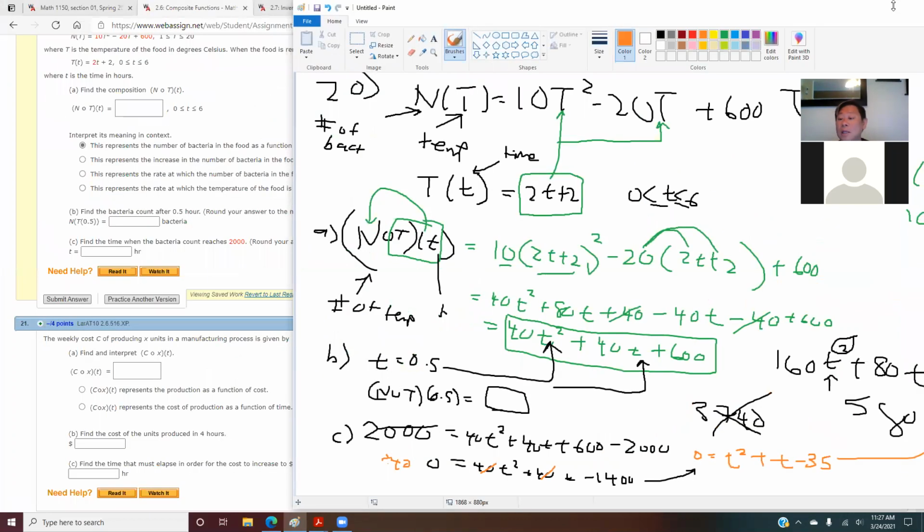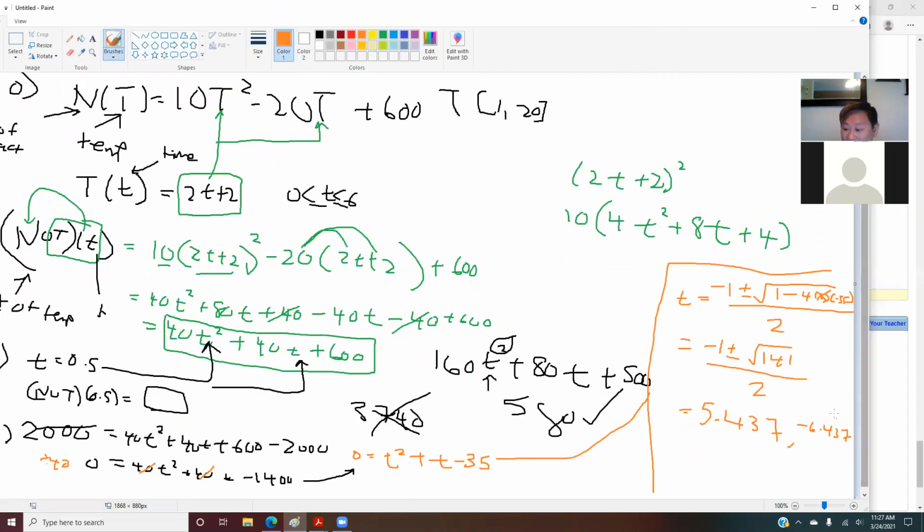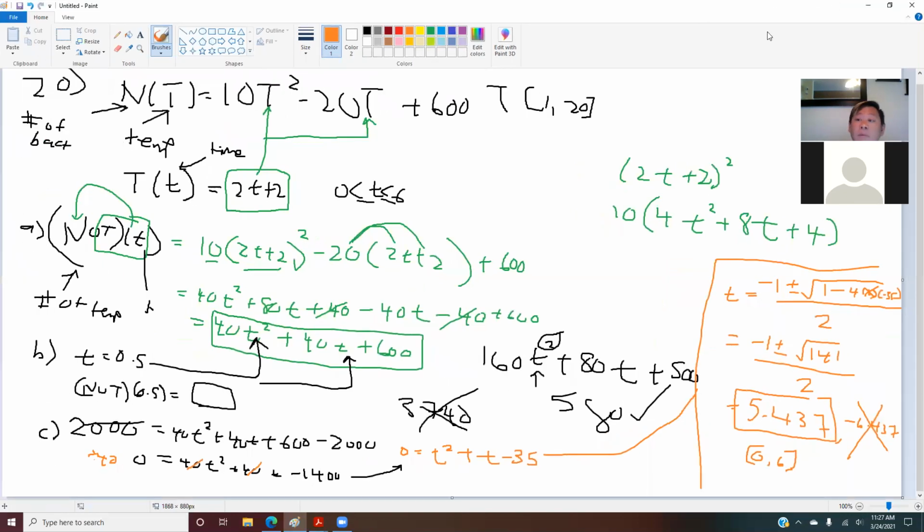Unfortunately, this time is only measured between 0 and 6. So the only answer you can give me is this one, because this is the number that is between 0 and 6. The negative one, you cannot take because it's not in the range, in the domain here. So your answer in this case is 5.437.